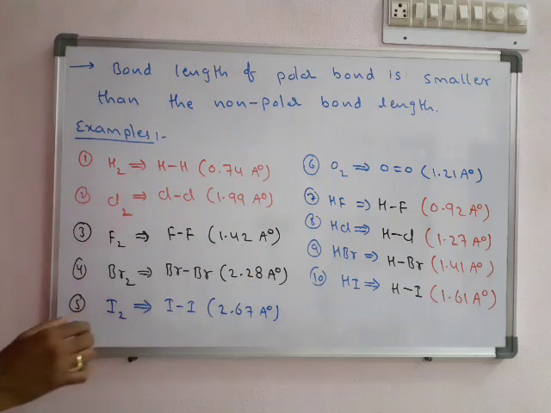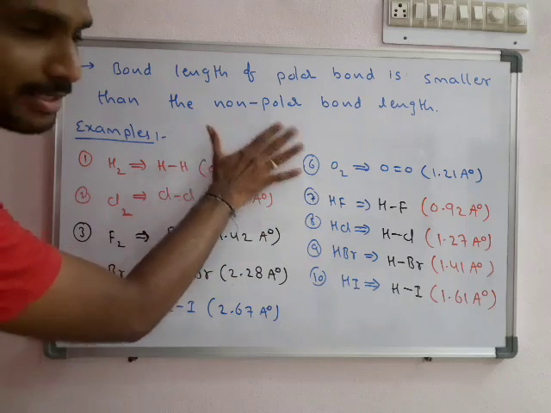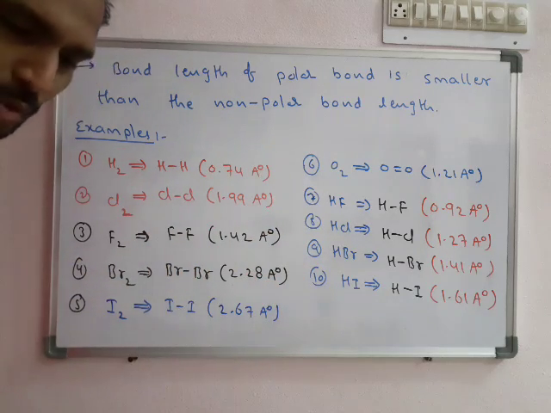Here one more important thing, the examples. These examples are not related to this point. These are general examples for the bond length topic. There is no need to learn these examples by heart.